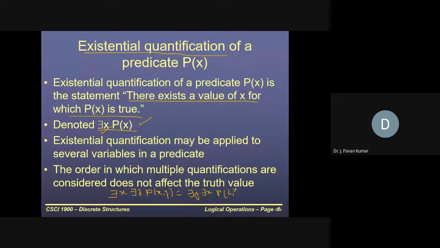These two are the same. That means if you have only one kind of quantifier, either universal or existential, order does not matter. You can write it in any order.